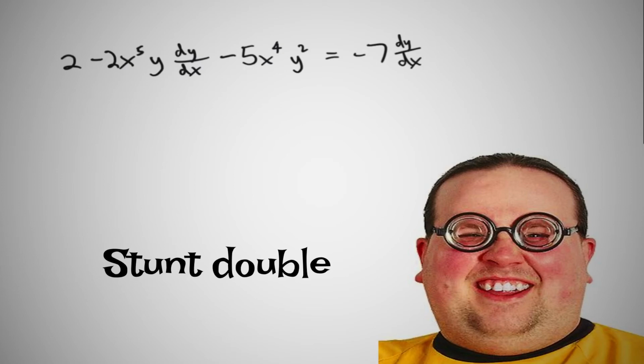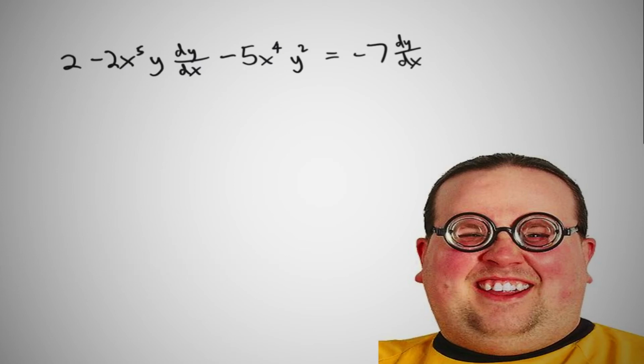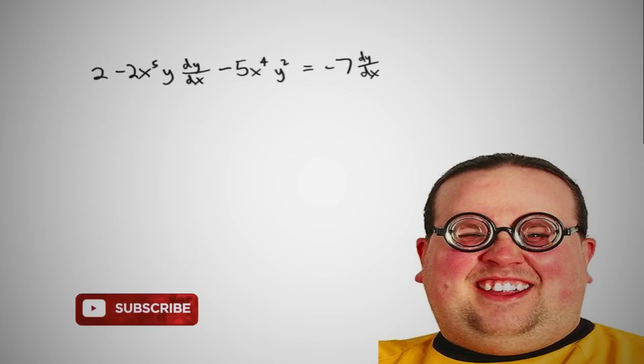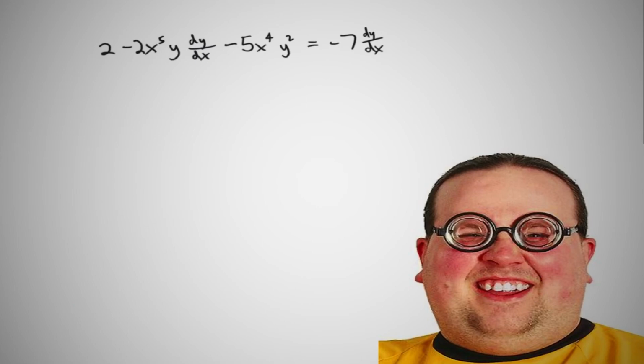All right, so we want to isolate dy/dx just like we said. So we have to decide what side do you want dy/dx on, and it truly doesn't matter. So let me go ahead and take this term right here, and I'm going to move everything over to my right hand side. Again, because I want every term that has a dy/dx on one side, because that's what I'm solving for.